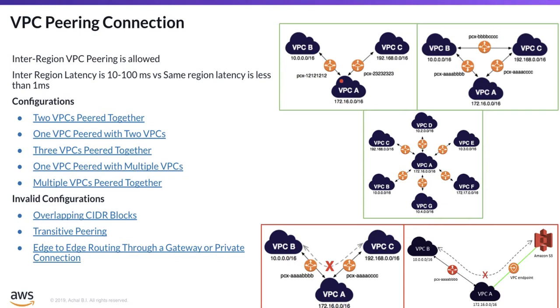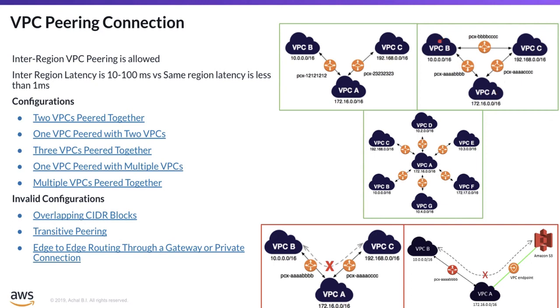Any connection between two VPCs is bidirectional in nature. So if you connect with a peering connection, instances in VPC-A can communicate with VPC-B, and VPC-B instances can connect with VPC-A. And coming to three VPCs peered together, you can see all three are connected, and there is an exclusive connection between all the VPCs.